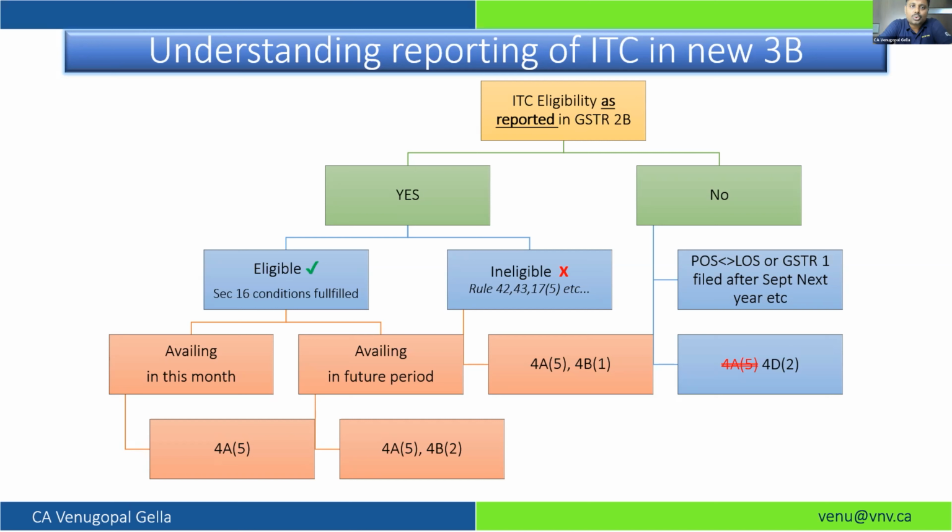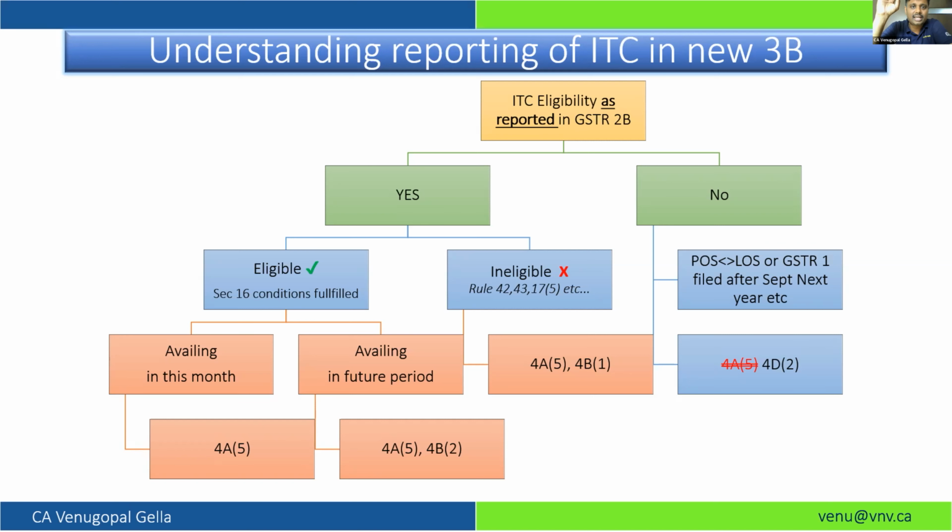However, this 2A has ineligible credits, credits pertaining to rule 42-43 which is common credit, and erroneous credit, where some supplier has reported in your name something which doesn't belong to you. It was becoming difficult for the department to nail these down. To ease their job and ensure 100% matching and reconciliation, they have now said that if an item is appearing in GSTR 2A, please take the credit and report it to me.